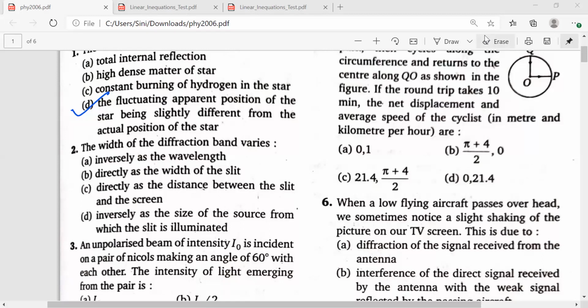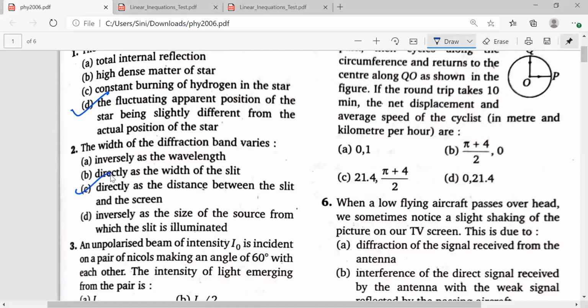It's a very easy, direct question. Answer is option C.